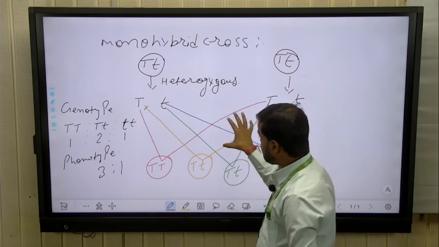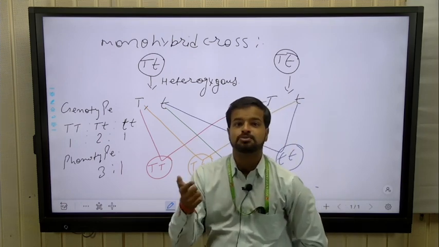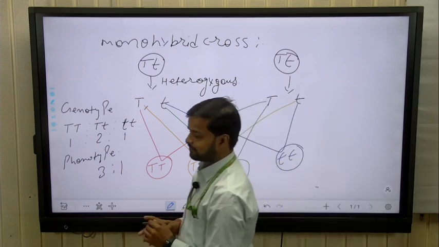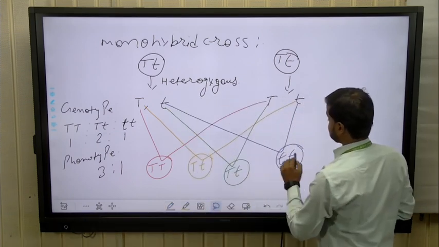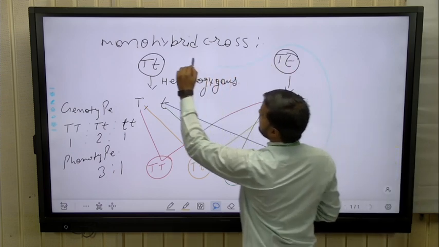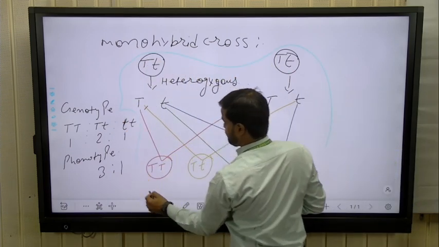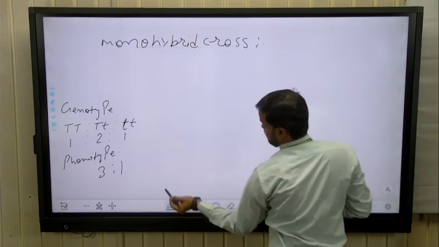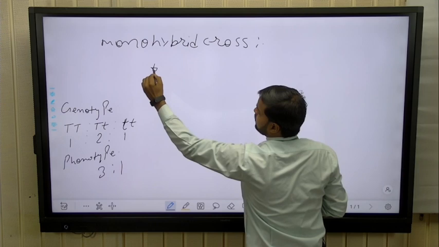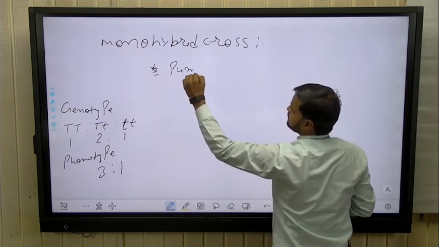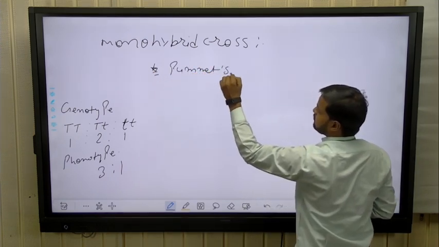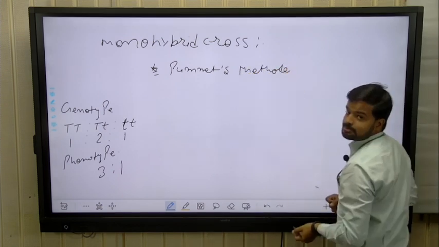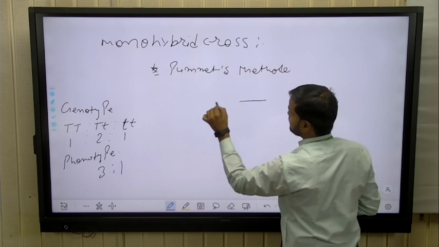But in F2 generation we use Punnett's method also. For Punnett's method we draw another diagram. Please note it. Now we draw Punnett's method. According to Punnett's method, we draw a square.